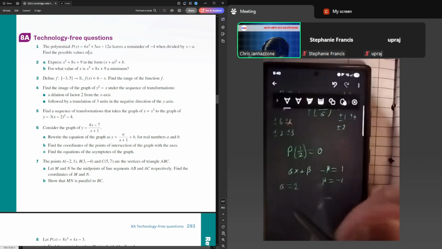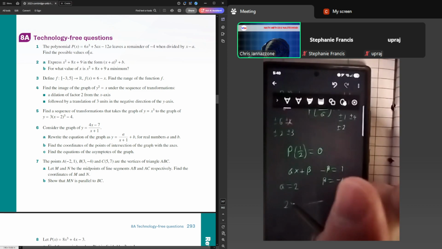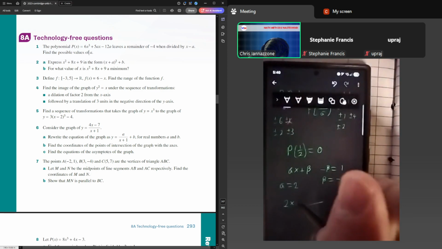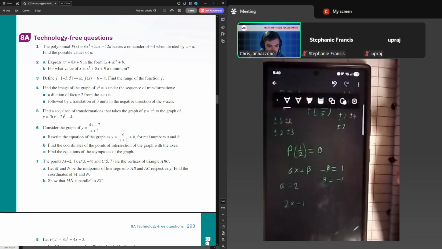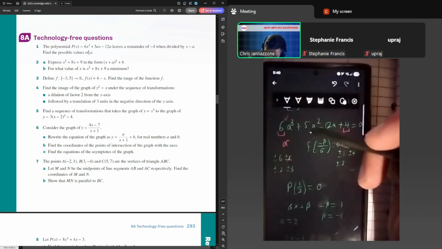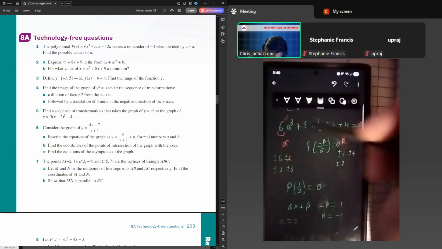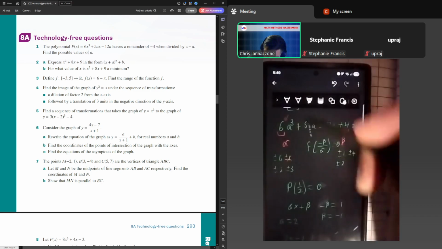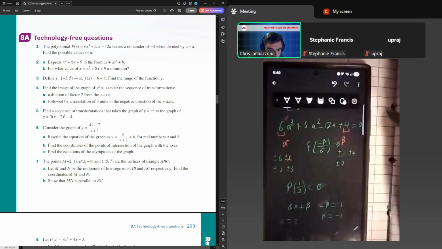And so basically what we've identified is that 2x minus 1 is a factor of our polynomial. So that helps us in some way. Oh sorry, I should write little a, because our polynomial is in a. So 2a minus 1 is a factor of this polynomial.